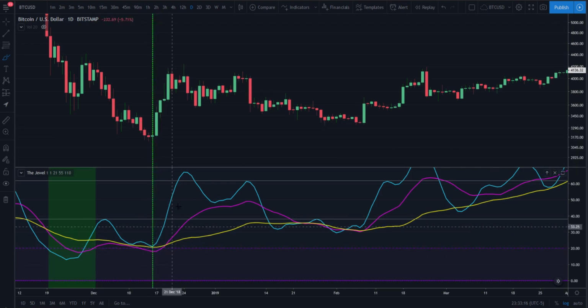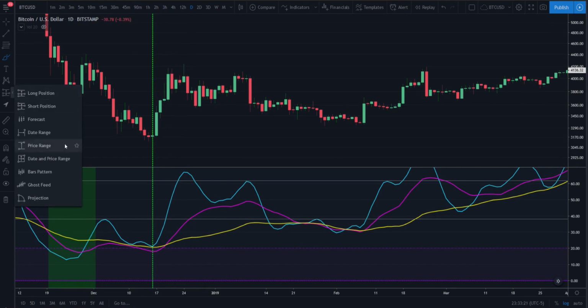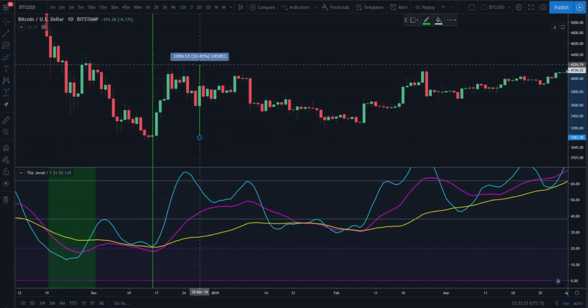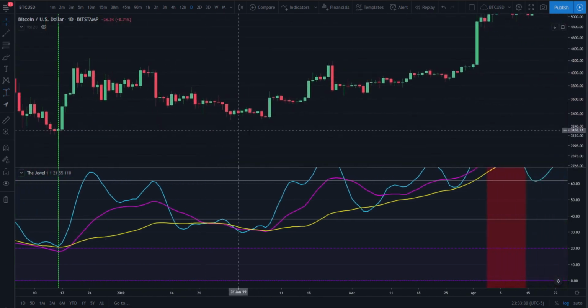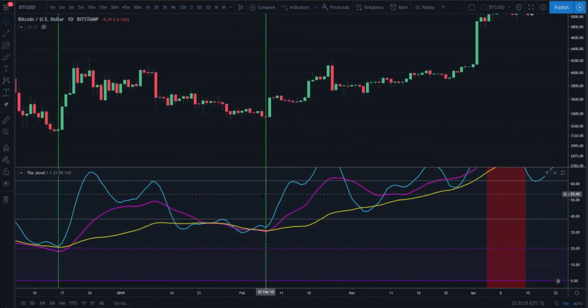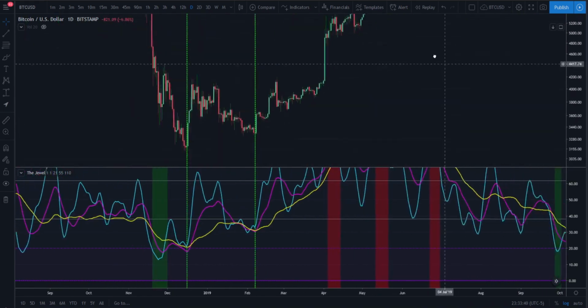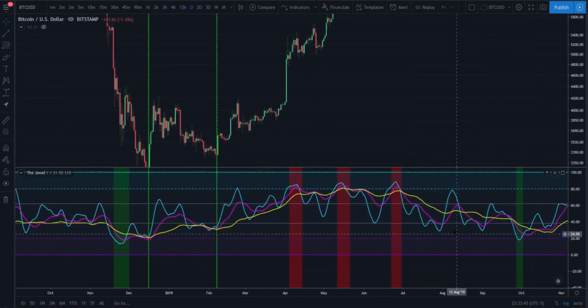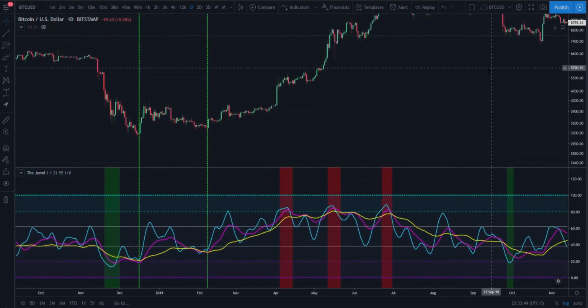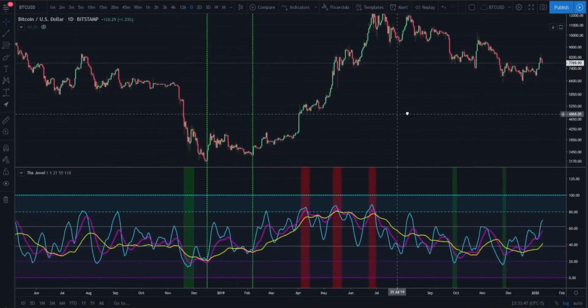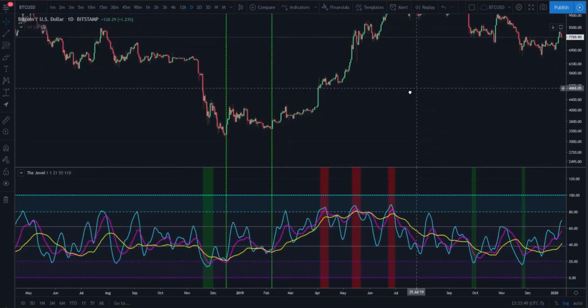That signal over there gives you a fairly decent bounce, about 30%. If we check out that signal over there, that one gives, yeah, a pretty decent move up.